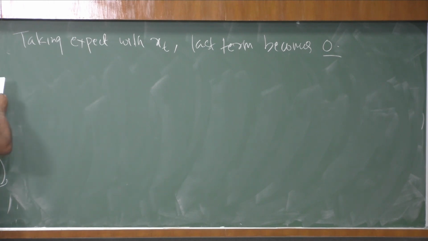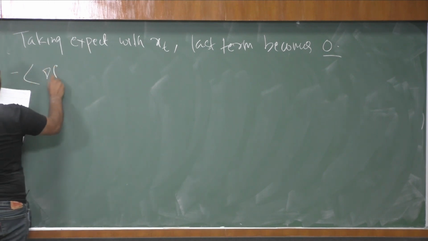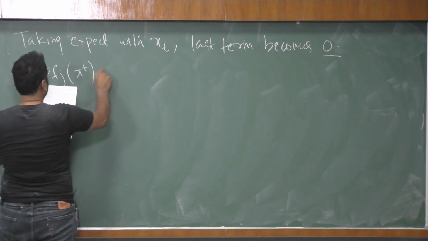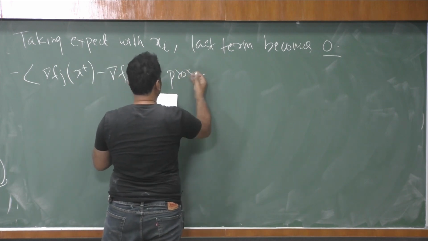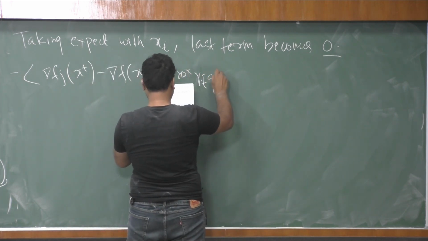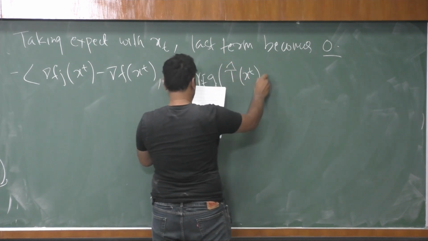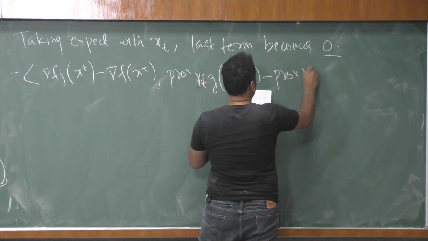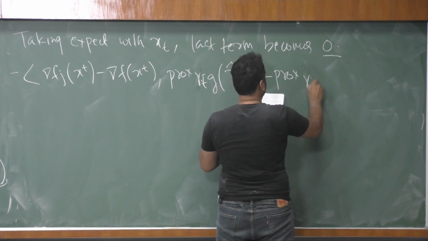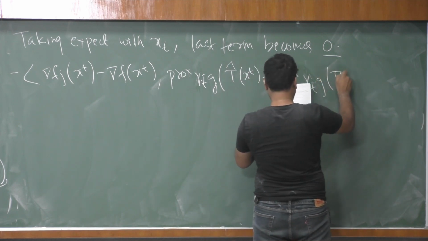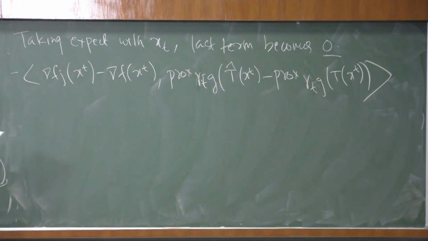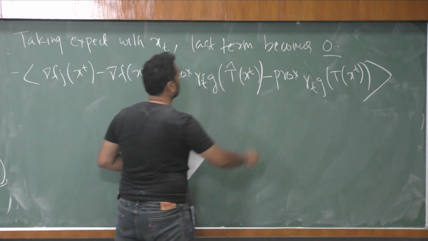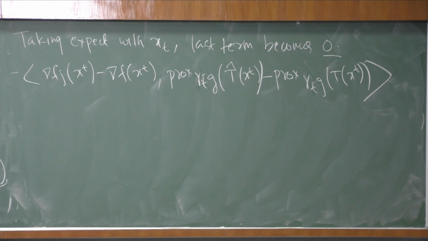This is our first term: grad f_j(x_t) minus grad f(x_t), with the proximal of gamma_t g, T hat x_t minus the proximal of gamma_t g, T x_t. Okay, this is the first term, and the proximal bracket closes here.